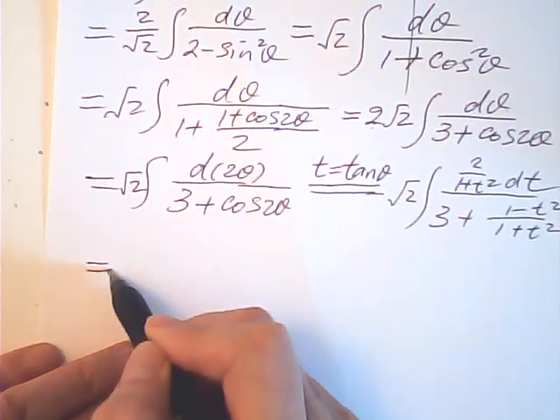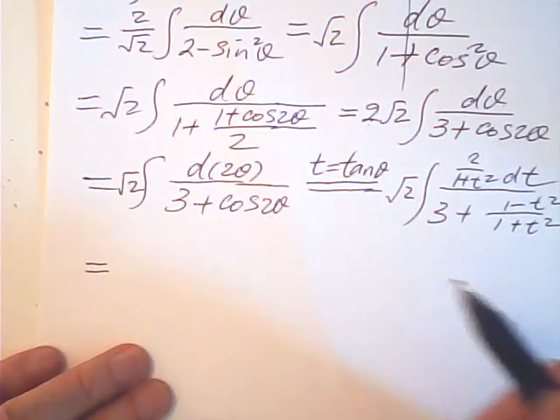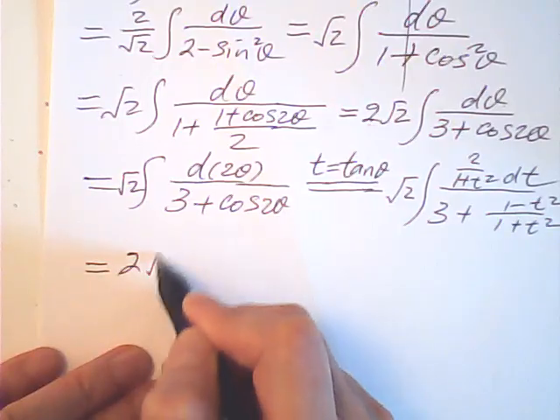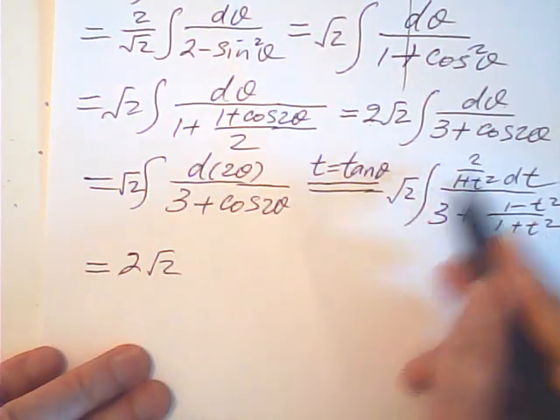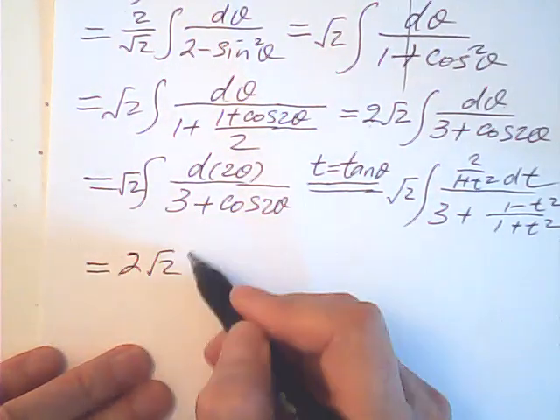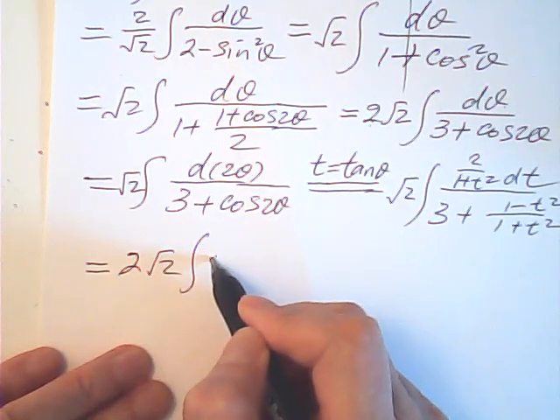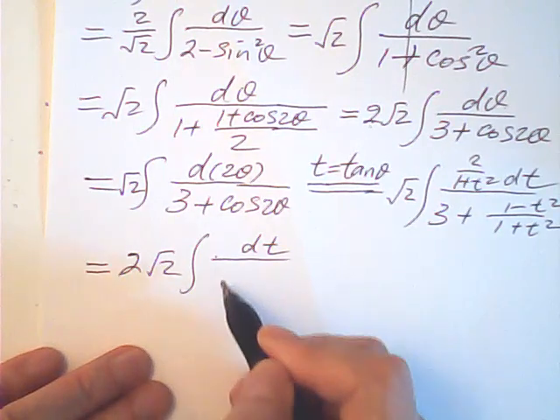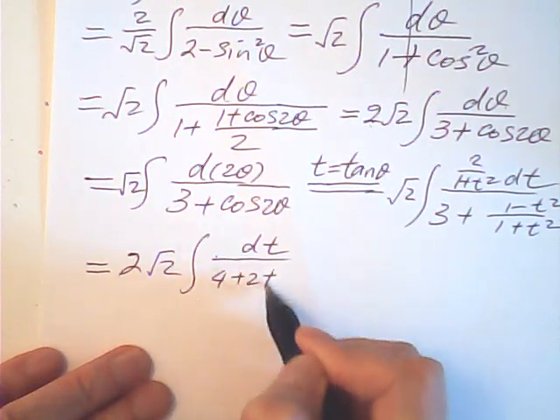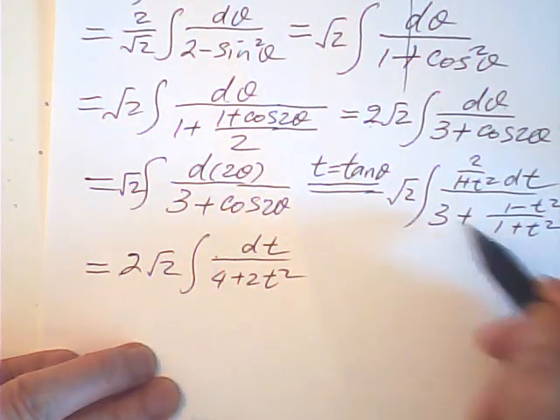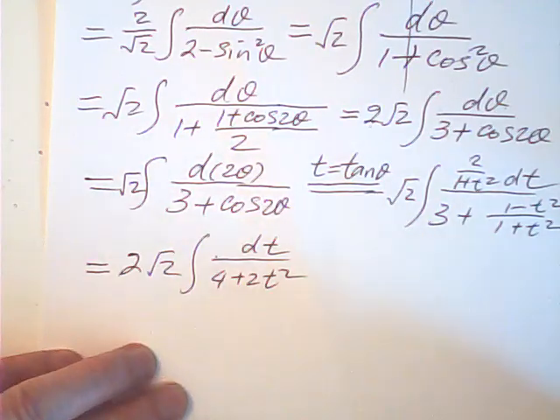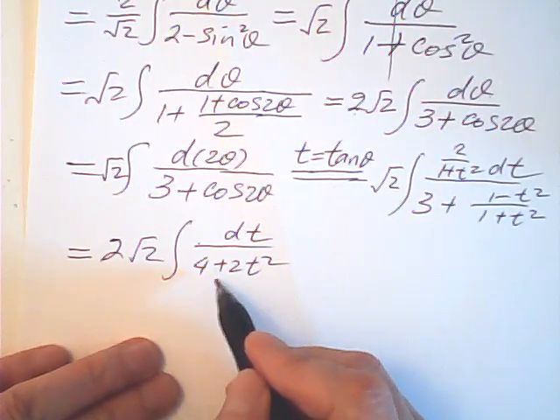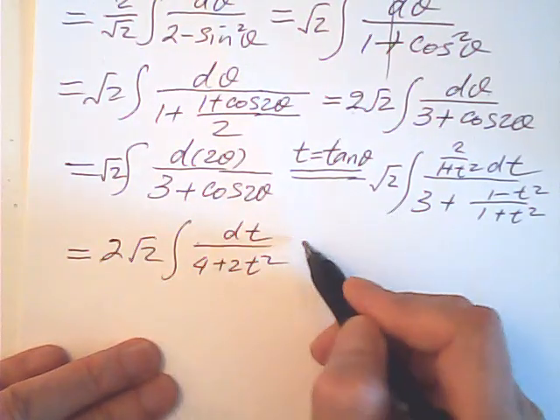So this one is equal to square root 2 times 2, is 2 root 2. This cancels out. Becomes dt over 4 minus 2t squared. Okay? Multiply by 1 plus t squared, both top and the bottom. And then I take a 2 out, right?